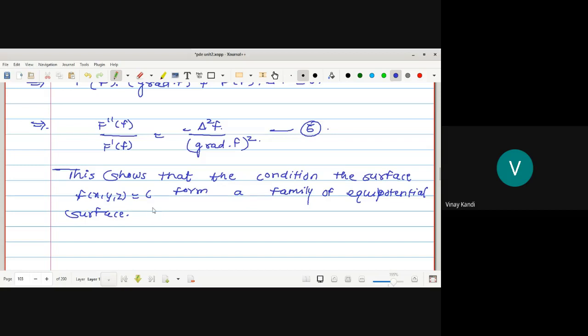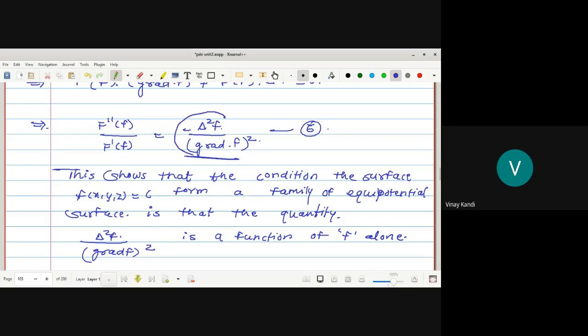So a family of equipotential surfaces is such that the quantity, which one? This quantity, delta square f divided by grad f whole square, is a function of small f alone.